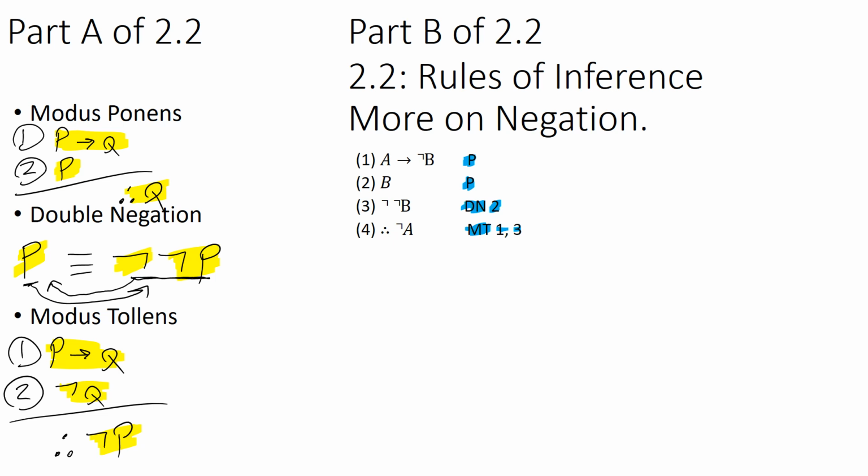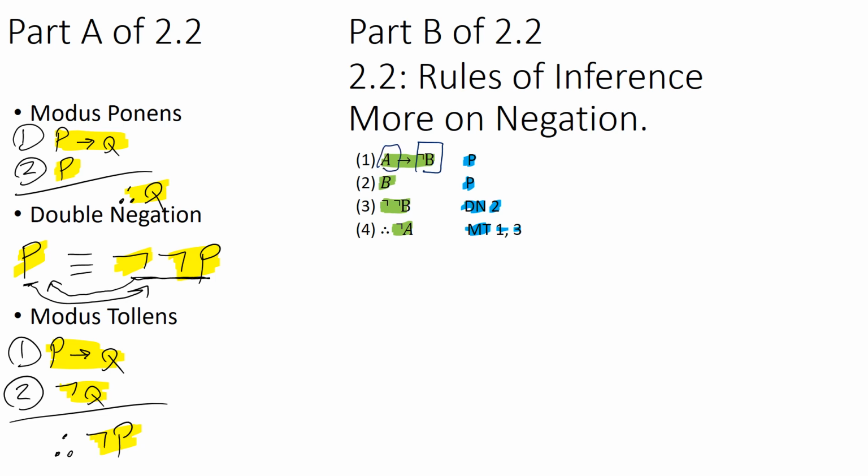Let's consider the argument. First premise, if A then not B. Second premise, B. And then eventually we're able to derive the conclusion, not A. But notice that on line 3, we double negated line 2 to get not not B, because we want to deny this consequent, to thereby deny this antecedent.